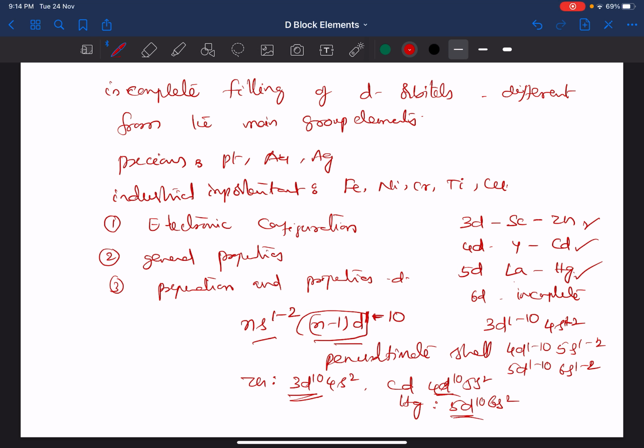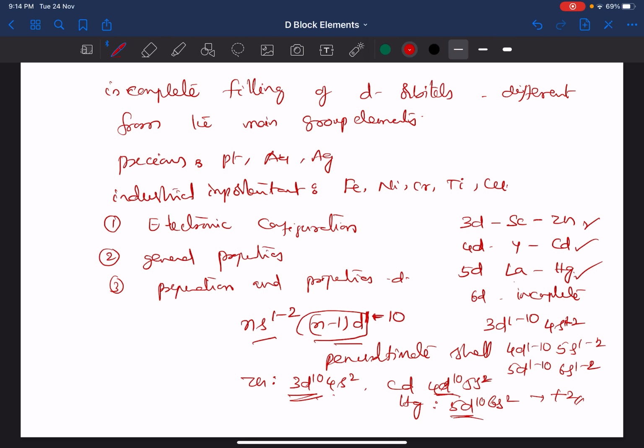That means there is no unpaired electron in these elements, in the elemental state or in the ionic state. So they will show only the +2 oxidation state, due to the removal of the s electrons present in zinc, cadmium and mercury. So that is about the electronic configurations of these elements.